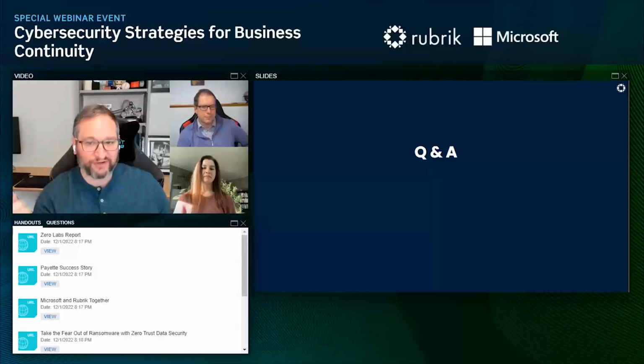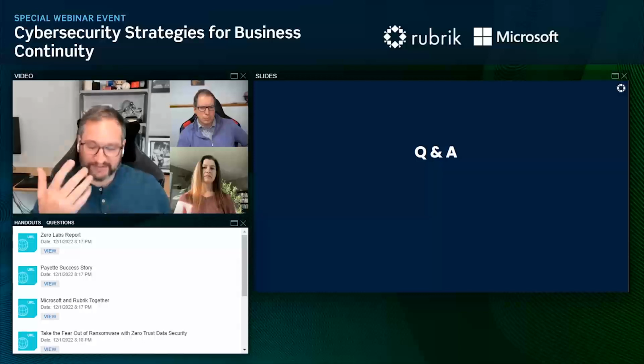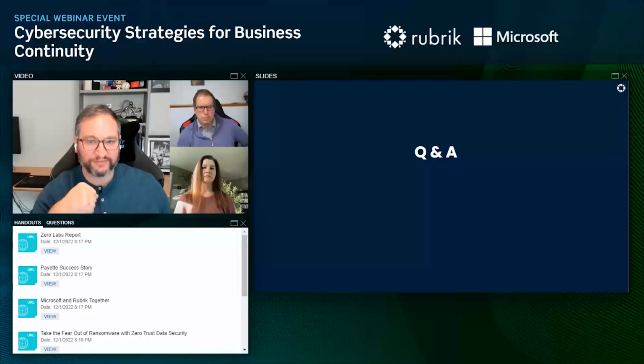You can have it logically air gapped, so it's online and accessible. And once you learn to trust it, your life is just going to be so much easier. But like I said, you've got to test it. You've got to trust it. If you don't trust it, there's no point. So I would just encourage you to put in a little time and effort to get to that point. And your vendors, your trusted partners can help you do that. And I think you'll be a lot happier for it.